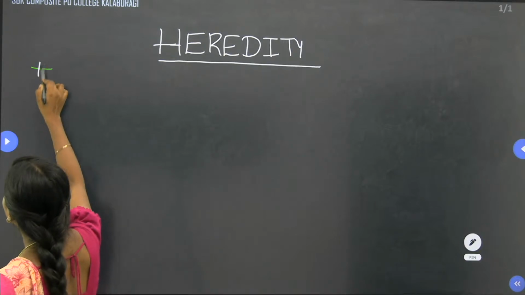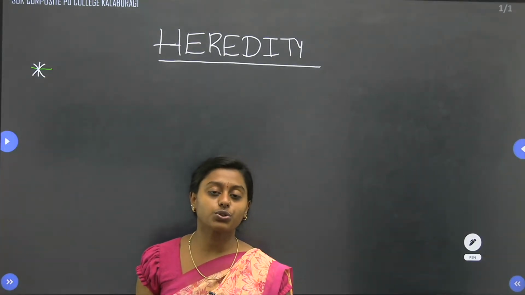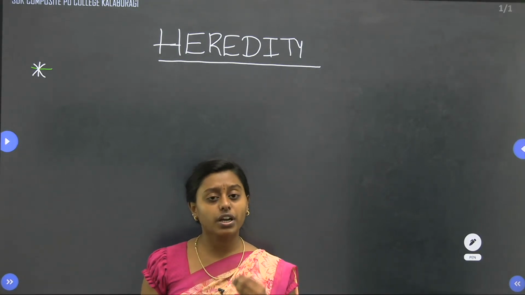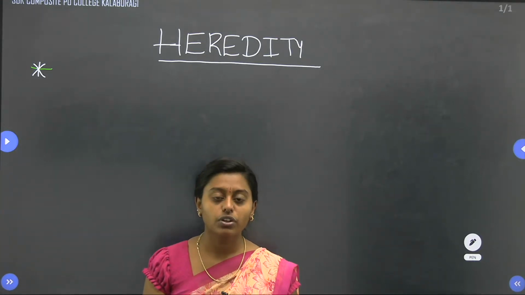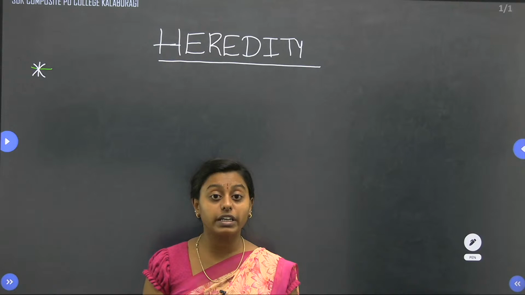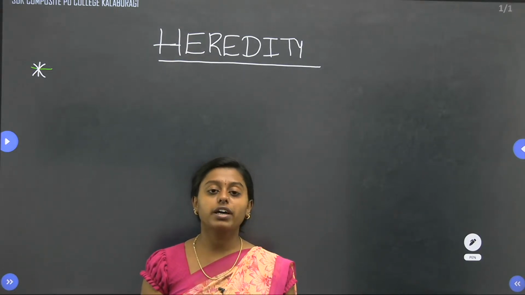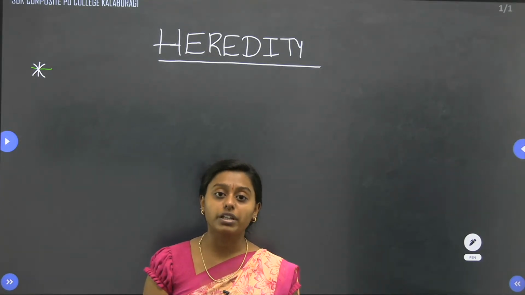Let us look into some terminologies. Before beginning the actual chapter, let's go through some terminologies or words which we need to be familiar with to understand the topic of heredity. When we hear the word heredity in day to day life, we say that some characteristics have appeared similar to our parents.